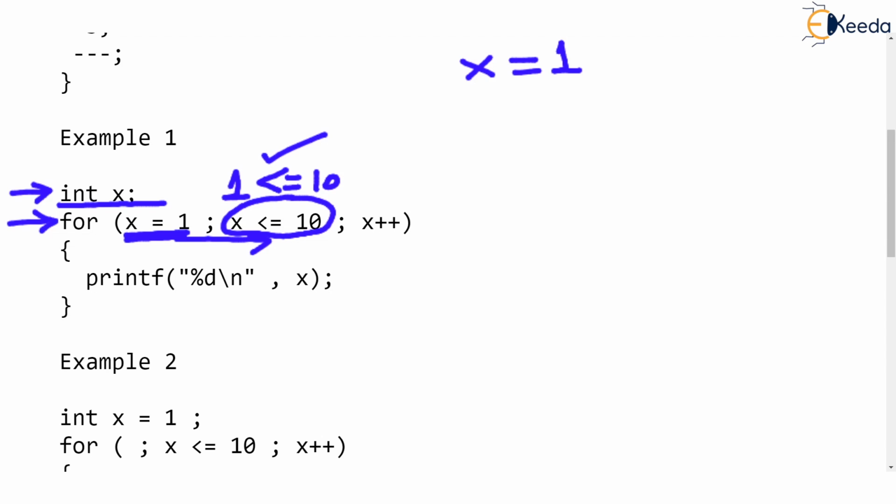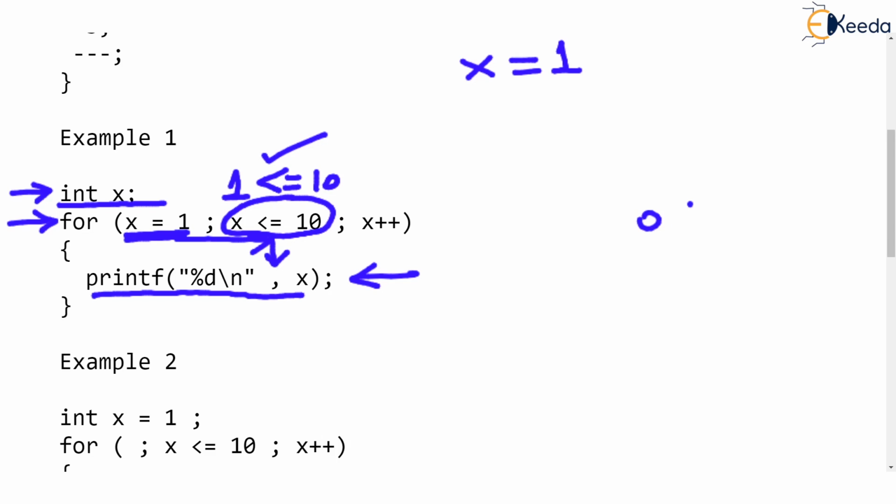Now as the condition is true, the statement that we have written inside the for will run. Just check the rule: the for loop will always check the condition, and if the condition is true, the statement written inside the for loop will execute. What is the statement doing? It is just printing the value of x, and x at the moment is 1.